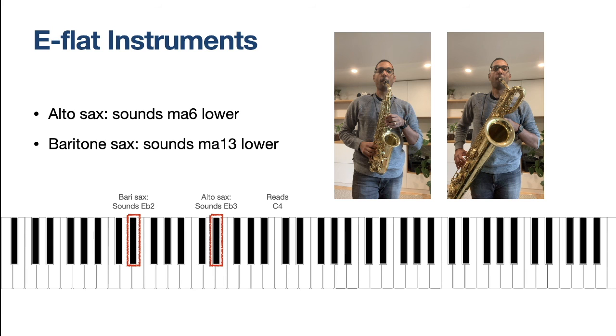The alto sax and baritone sax are two common examples of E-flat instruments, although there are others such as alto clarinet. When these instruments read a C4, the alto sax sounds an E-flat 3, and the bari sax sounds an E-flat 2.